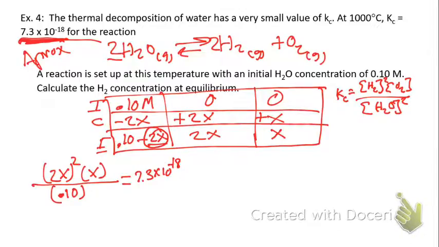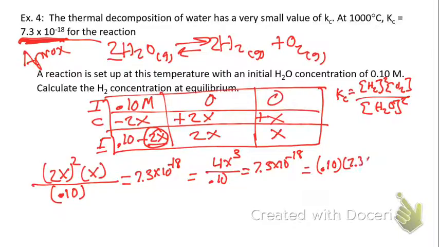If we do the math now, we should get 4x cubed over 0.10 equals 7.3 times 10 to the minus 18, which then should equal 0.10 times 7.3 times 10 to the minus 18 equals 4x cubed. So we divide both sides by 4.